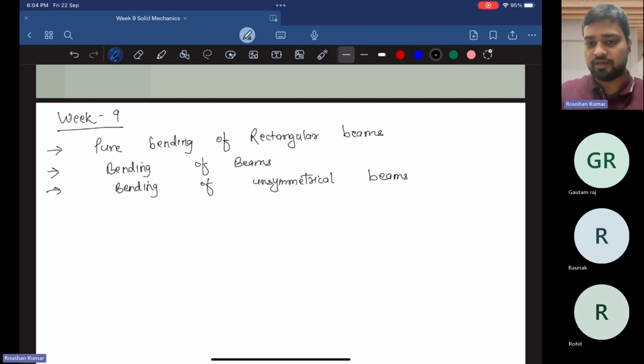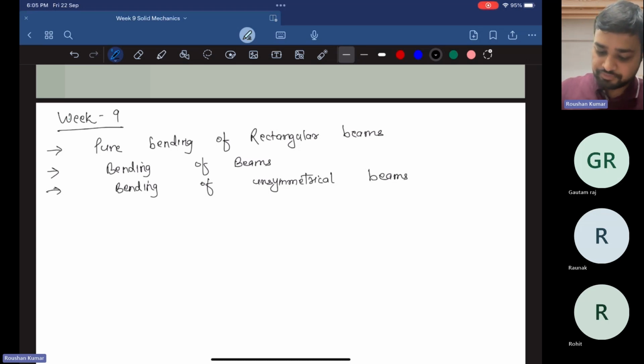The line elements on the neutral plane are called neutral lines. In pure bending, the longitudinal strain is given by the formula which I have written here.